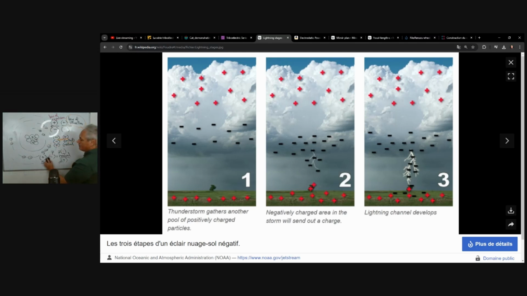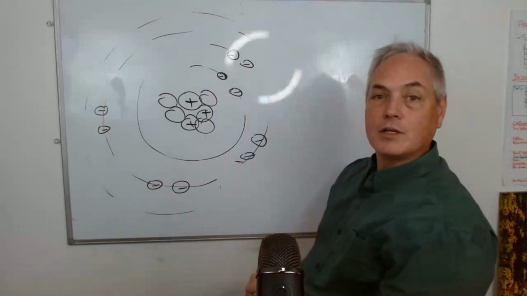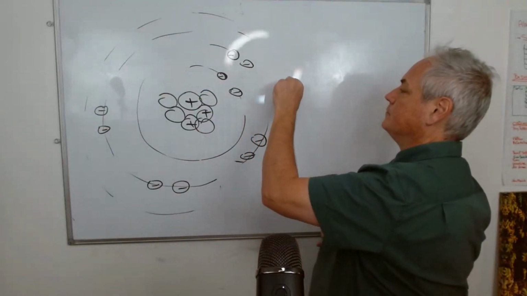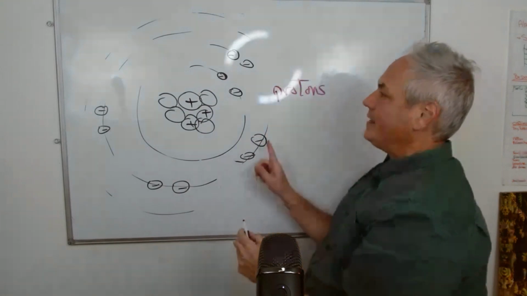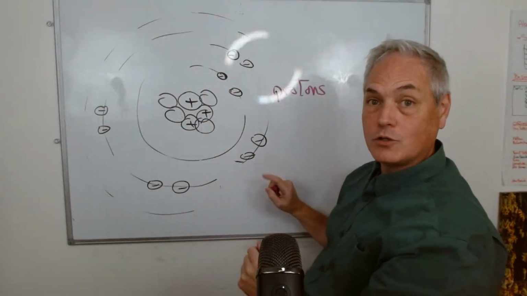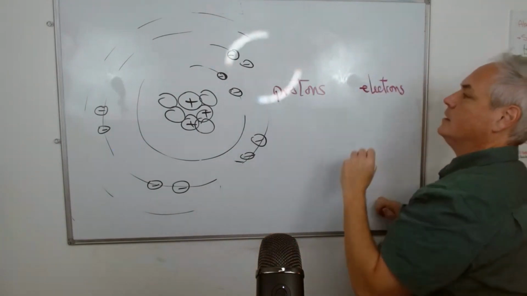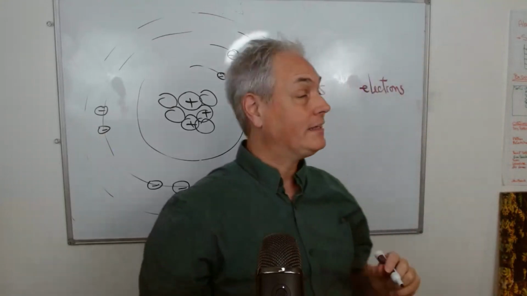Now, some of you would say, okay, how come it's only the electrons that are moving? That's a good question. You have to think that when you have, let's say, an atom with positive charges in the middle, called protons, surrounded by negatively charged particles, which are electrons, the masses of those two particles are quite different.